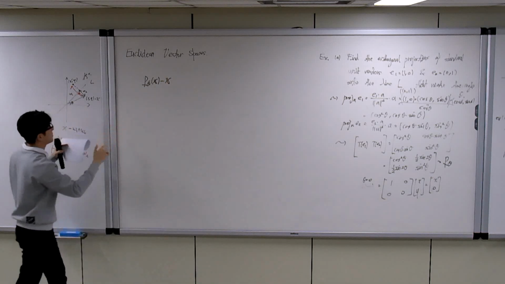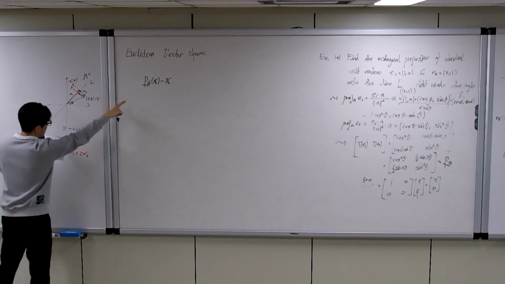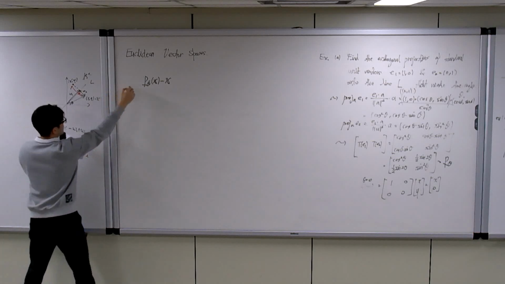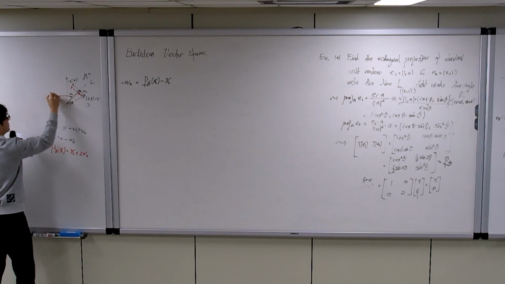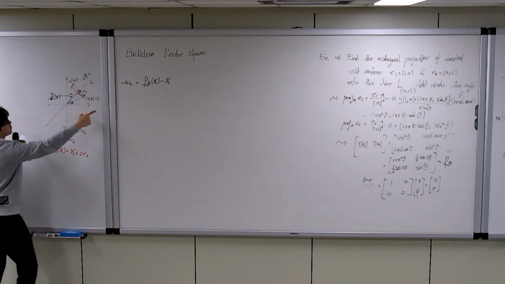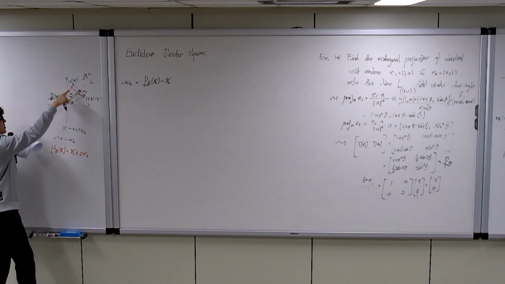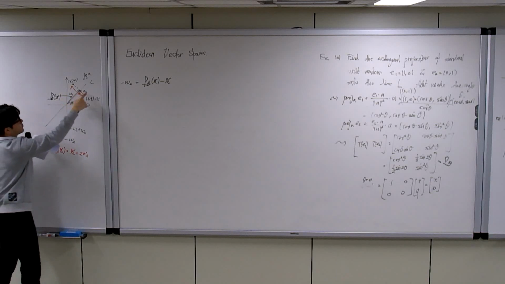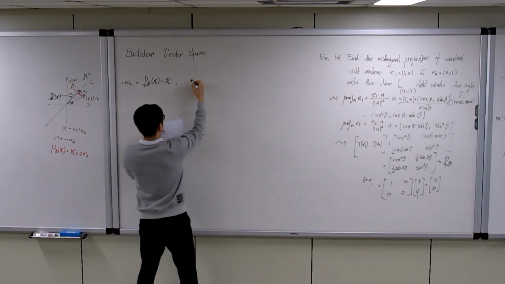That means it is minus W2, because P sub theta x is this vector and this vector is x, so minus x plus P sub theta x will be minus W2.